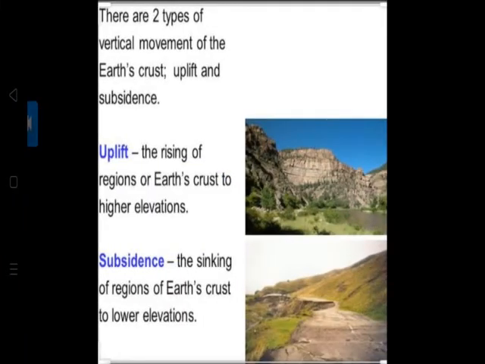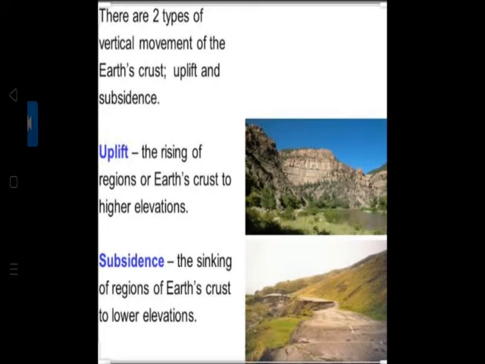Now, here again I repeat, every time I am going to come across these words so that you all get them into your minds and understand these concepts very nicely. There are two types of vertical movements, uplift and subsidence. The rising of the regions, look at the figure next to uplift.